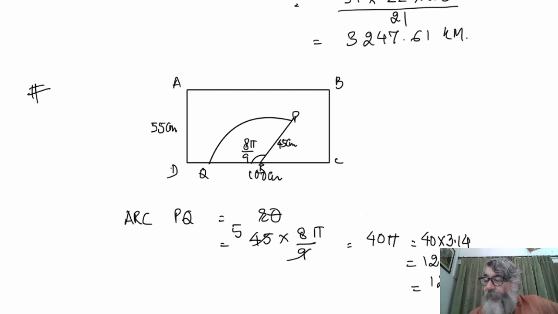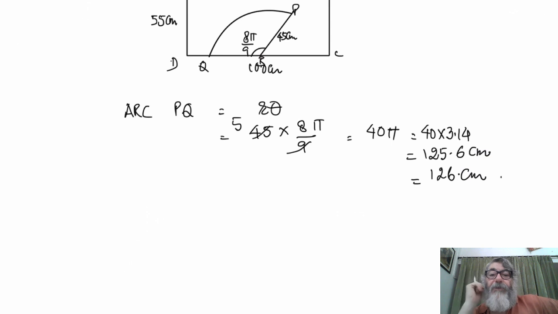So we have got the length of the arc which this wiper will be sweeping. Now the second part is, what area of the windscreen is not cleaned?